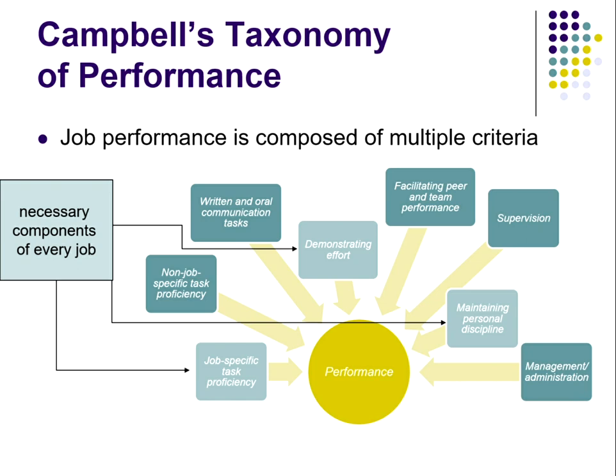Written and oral communication tasks might be relevant for some jobs and maybe aren't for other jobs, right? So you can see that the ones in the dark green apply to some jobs. The ones in the lighter green or the gray, whatever color that is, are things that pretty much all employees across all different kinds of job specifications would need to display.